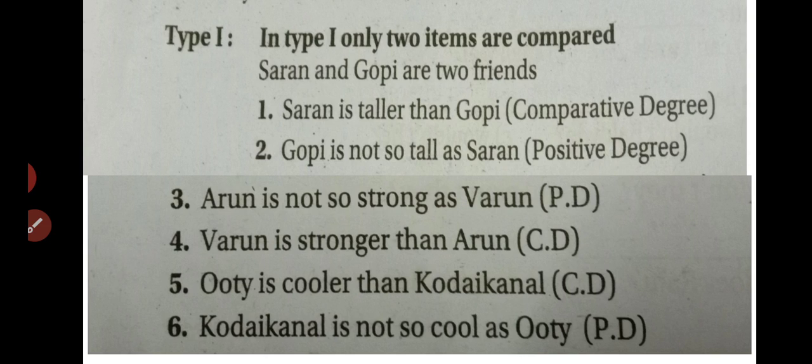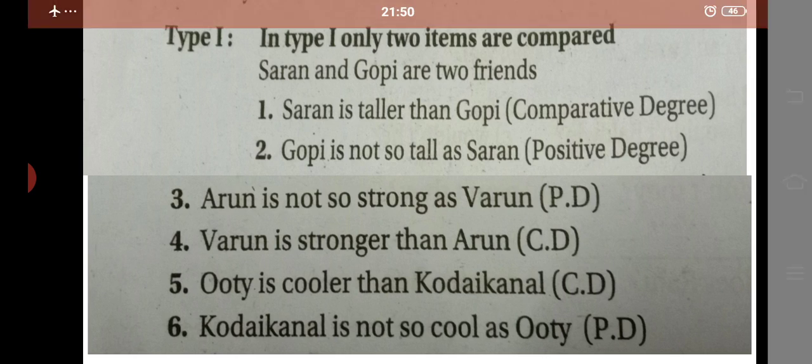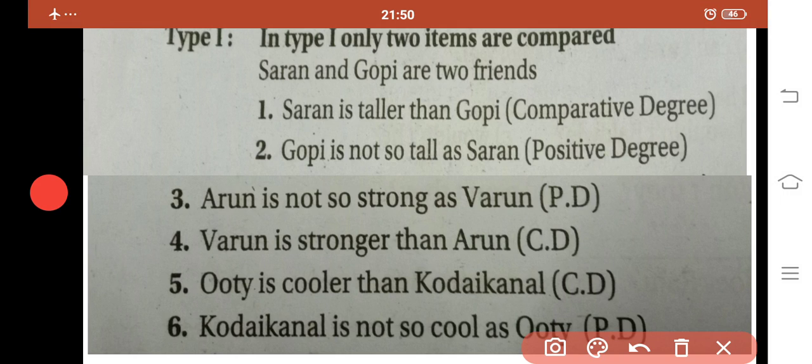So Saran is taller than Gopi. This is a comparative degree. First you identify the degree. Here we have the word taller. This is a comparative form, and this sentence also has than.